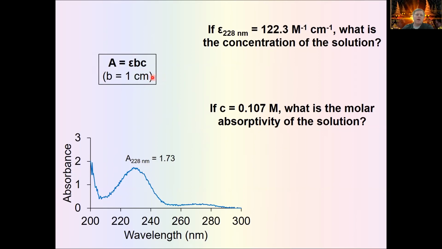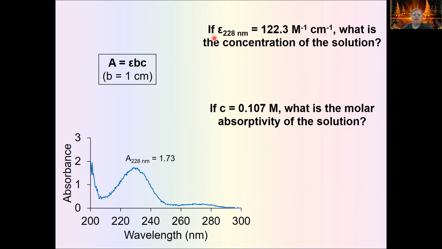We're going to assume a path length of 1 centimeter, and an absorbance of 1.73. These are two separate problems, so they're not related at all. They both use these data, but all of this data is just made up, or at least heavily edited from real data, so don't worry too much about whether these two questions correlate.